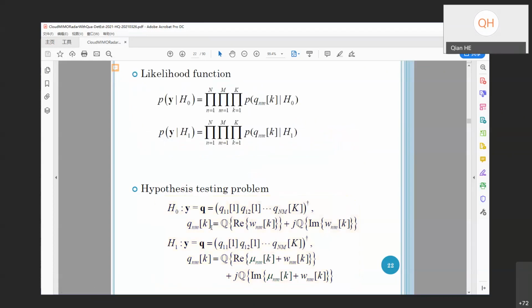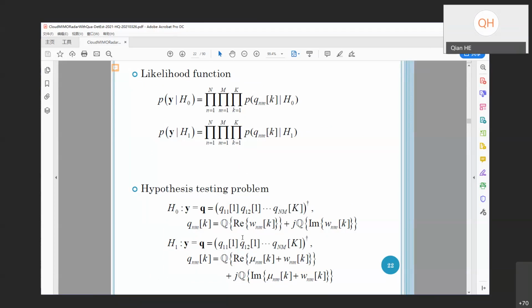So in order to formulate the optimal detector, we take the likelihood ratio test approach. If you have learned signal detection and estimation, I think you should be familiar with this. All you need to do is compute the likelihood function. The likelihood function, at least in expression, is equal to the PDF of this quantized data.